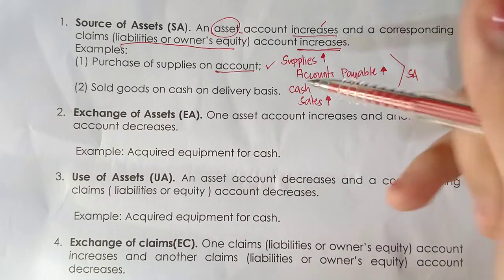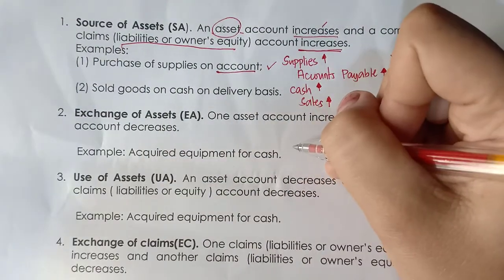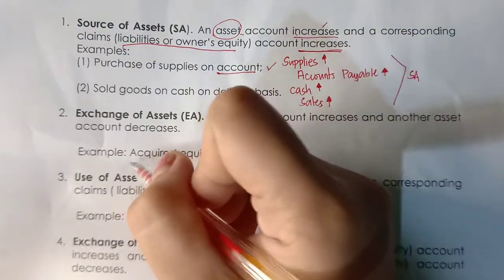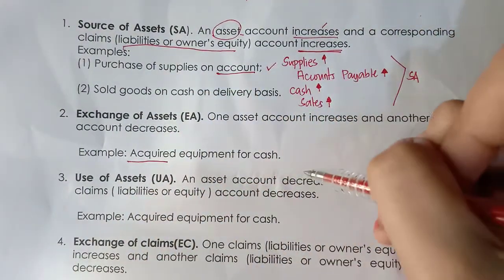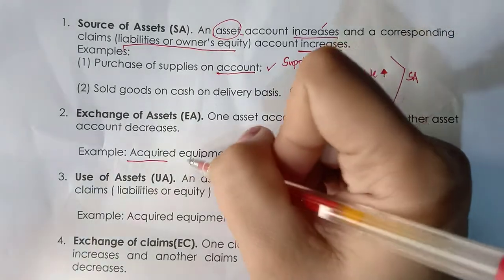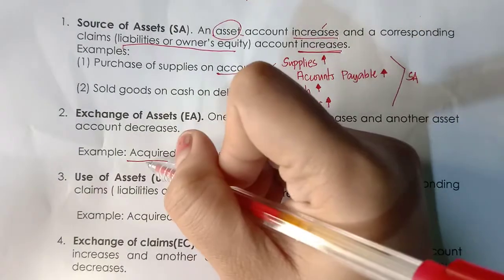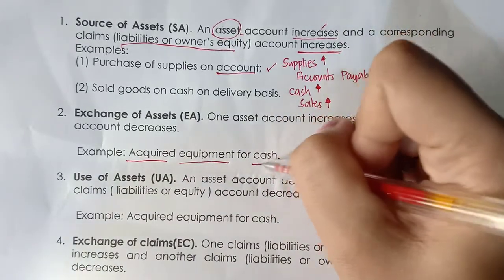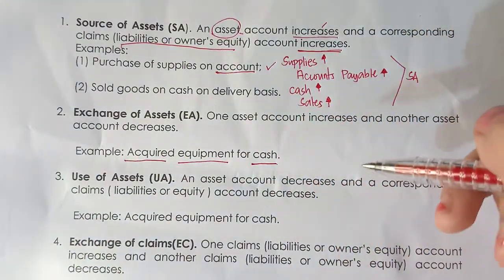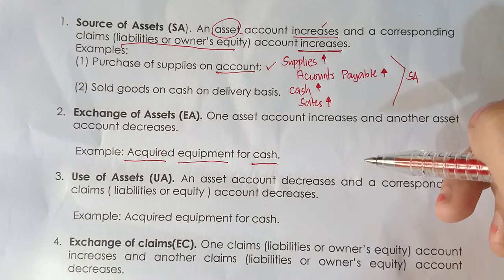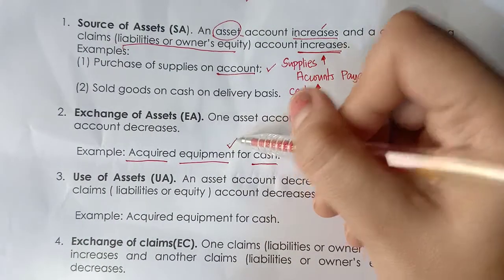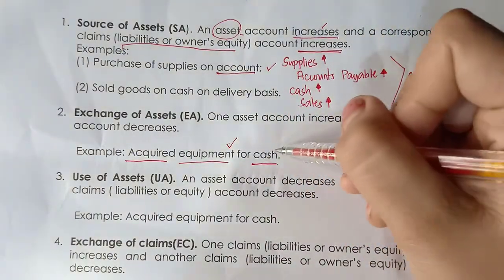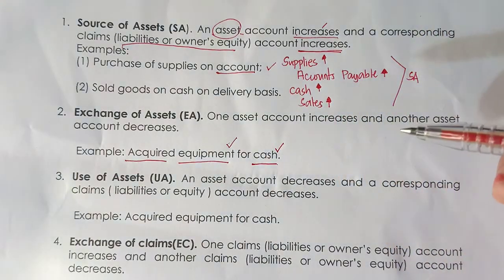How do we journalize this one? So, acquired. When we say acquired, nakabili. Bumili ng equipment for cash. Ibig sabihin, pagbili ng equipment, binayaran. Diba ang equipment is an asset? Cash also is an asset.